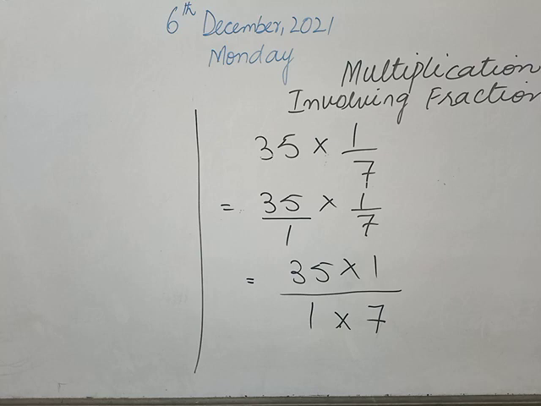Now simply we will write 35 into 1 in the numerator portion and 1 into 7 in the denominator portion.